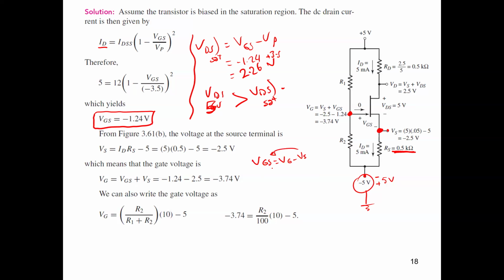So VG is VGS plus VS. So minus 1.24, which is VGS, minus 2.5, which is the value of Vs. So the value of VG is going to be minus 3.74 volt.